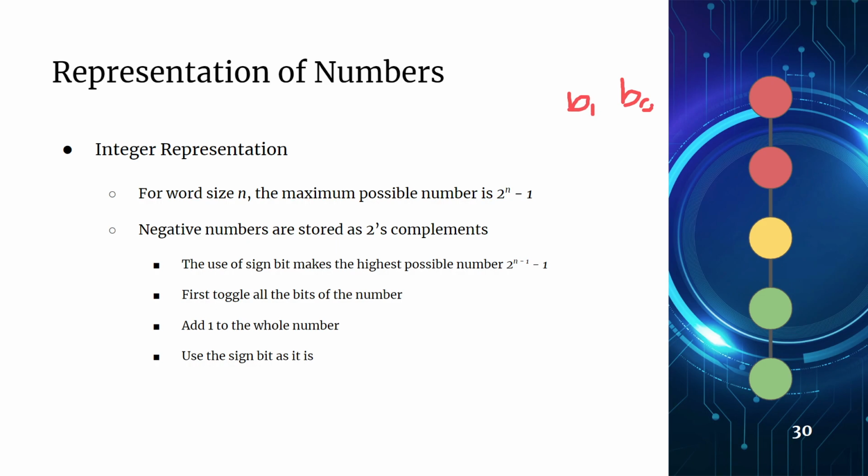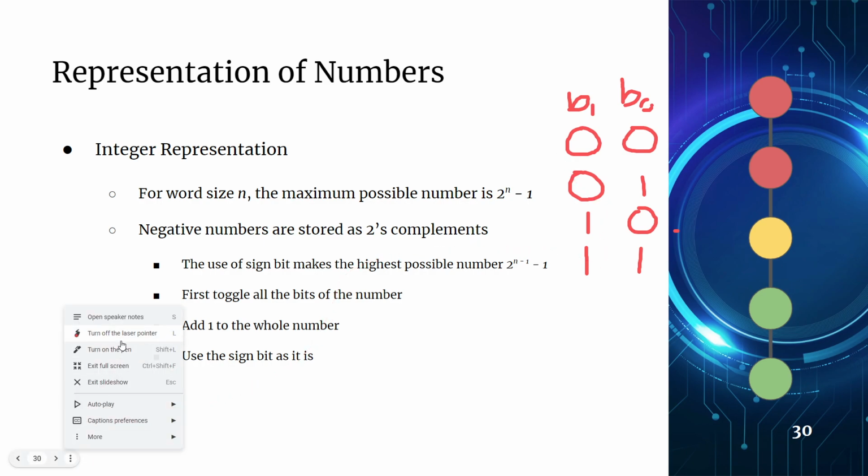Then I can represent 0 by writing 00, 1 by writing 01, 2 by writing 10, and finally 3 by writing 11. So if I'm given a word size of 2, I have 2 bits to work with, and I can express numbers 0, 1, 2 and 3.